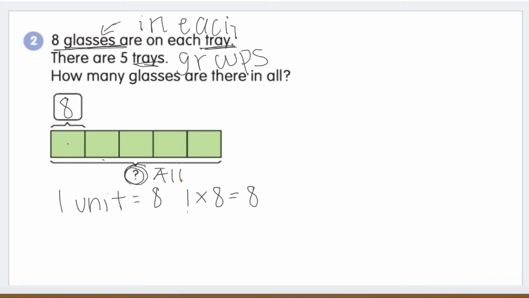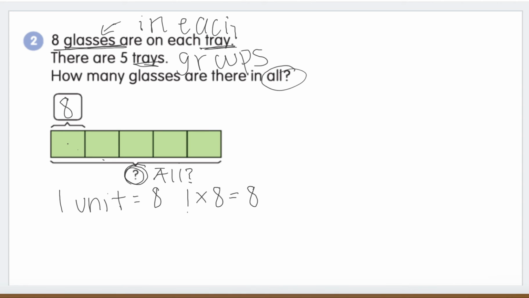In this case, it would be 5 trays with 8 glasses in each. How many glasses are there in all? I can figure that out before reading my question, or let me see if this is the question that they're going to ask me. How many glasses are there in all?